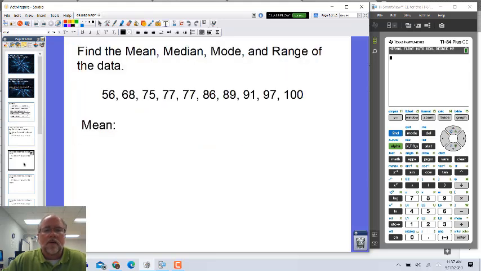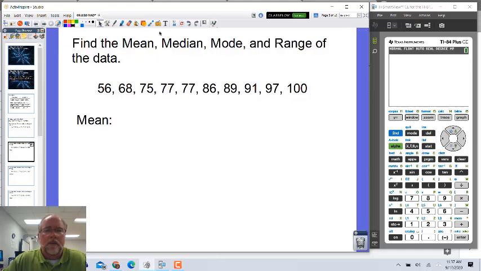So here is the mean. Let's see if we can find the mean of this data set. We're going to type this into the calculator. There's 10 of them, so I'm then going to divide the sum by 10. So I come over here and I do 56, and you can actually use just the numbers on your keyboard on your computer to do that.